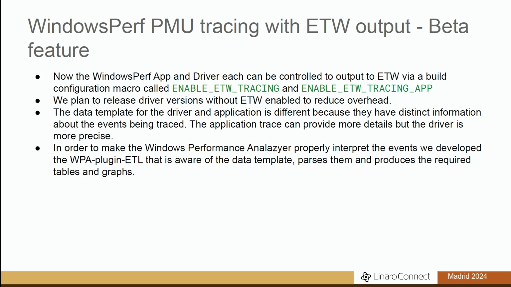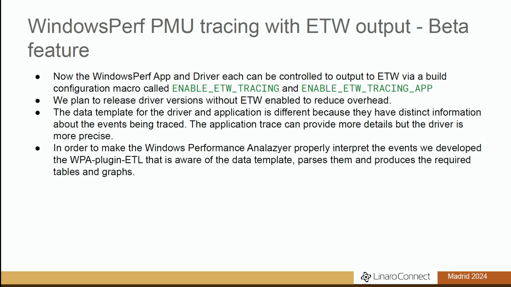So you might want to have more precise information with less extra things, less accuracy, or you want to have both. So we are going to release both the application and the signed driver that outputs to ETW. It will actually complicate our release process a little bit, but we'll give the customers the extra option to have ETW tracing information.